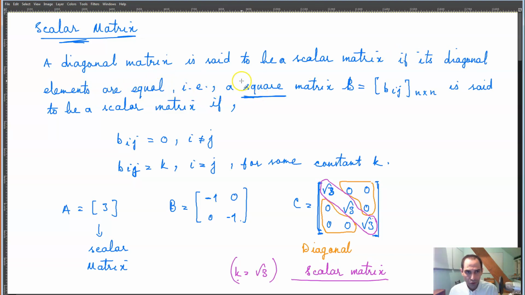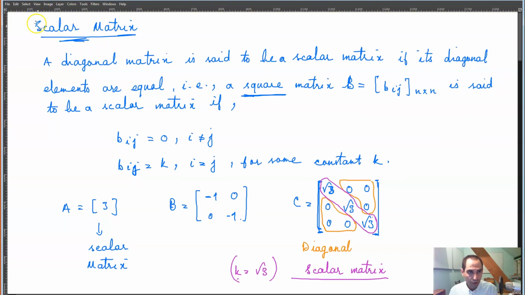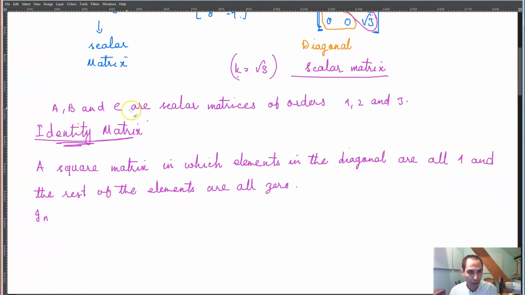And a diagonal matrix is a square matrix in which all of the non-diagonal elements are equal to 0. Now, if you have a scalar matrix in which k is equal to 1, then that scalar matrix is simply called an identity matrix, right?